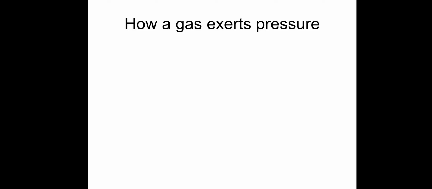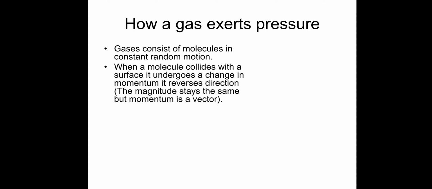So how do gases exert pressure? Gases, you should know from GCSE, consist of molecules in constant random motion. When a molecule collides with a surface, namely the surface of a container, or perhaps the room that you're in, it undergoes a change in momentum and it will reverse direction.